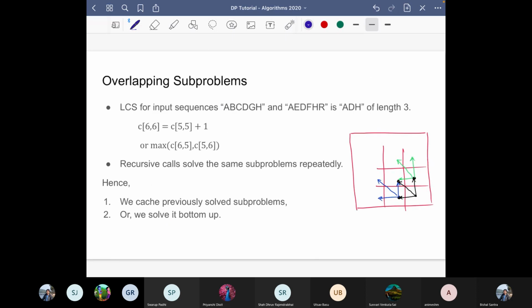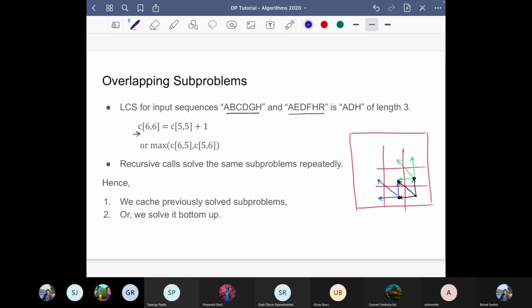Now, to look at the overlapping subproblems, we found this recursive solution. Now we need to confirm that there are overlapping subproblems so that we can apply DP. So let's consider these two input sequences again, ABCDH and AEDFHR. These are of length 6, right? So when you try to write down C6,6, this is the final cell.